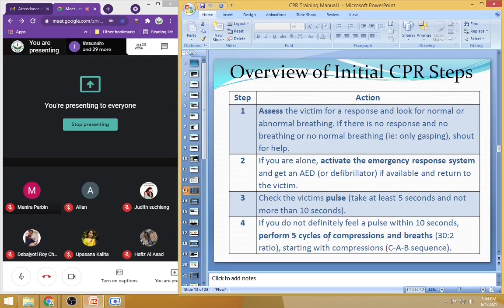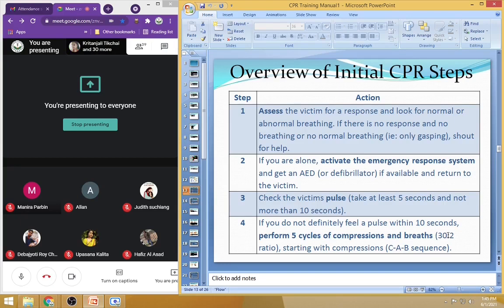In one cycle it will be 30 compressions: 1, 2, 3, 4 like that. You compress the chest 30 times, and the other person will give 2 breaths, either with an ambu bag if available, or mouth to mouth resuscitation. But nowadays, in this COVID scenario, we are advised not to give the breaths.